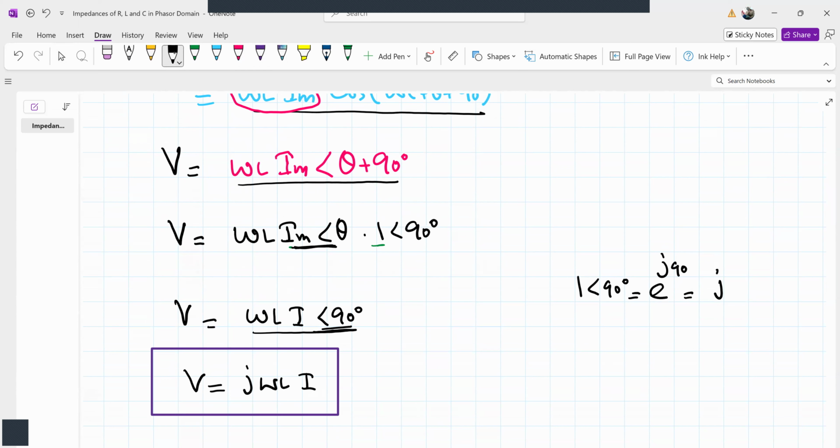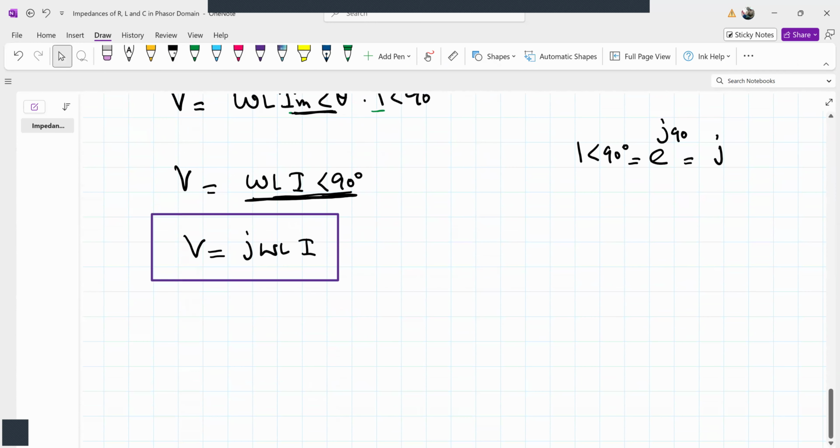In other words, the voltage in an inductor is simply ahead of the current by 90 degrees. That's the meaning of this term. So voltage in an inductor leads the current by 90 degrees.